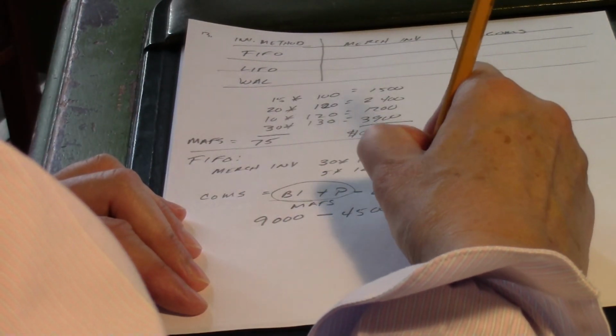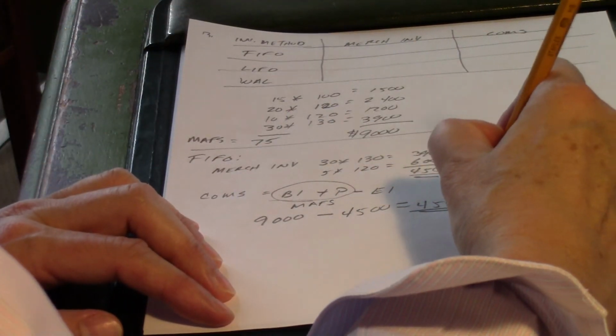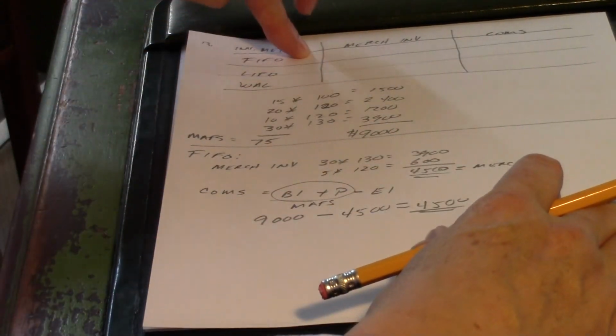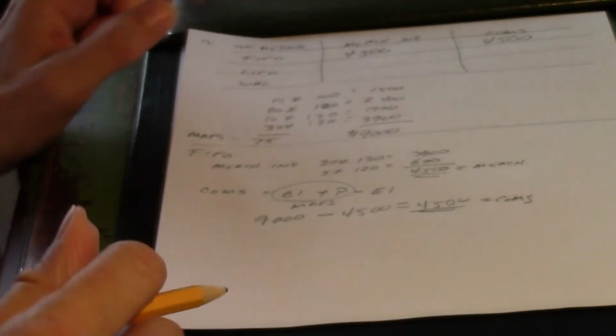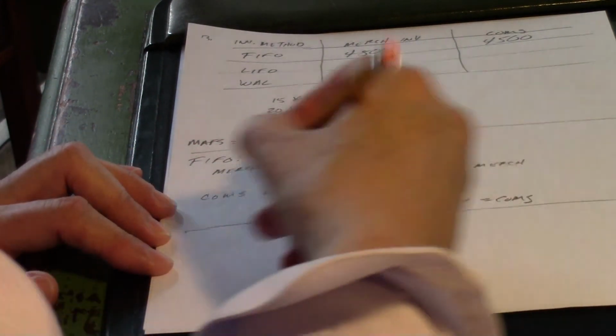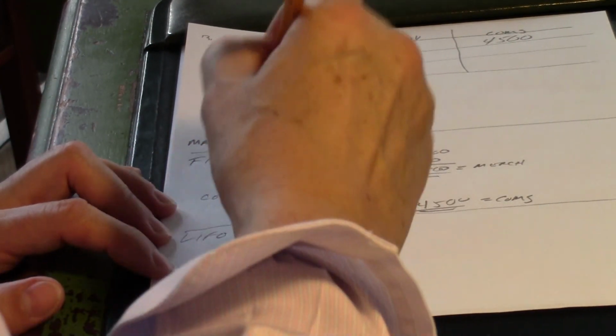So 9,000 minus 4,500 is 4,500. So that's my cost of merchandise sold. So I'll just come up here to FIFO and put that in: 4,500 and 4,500. Great.